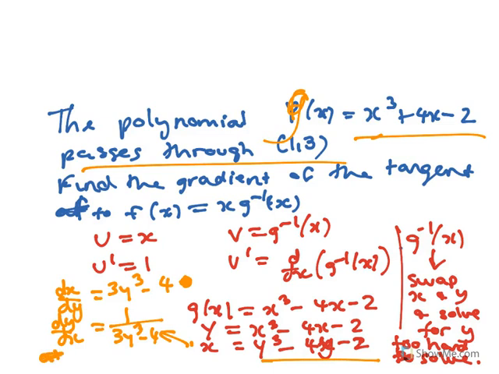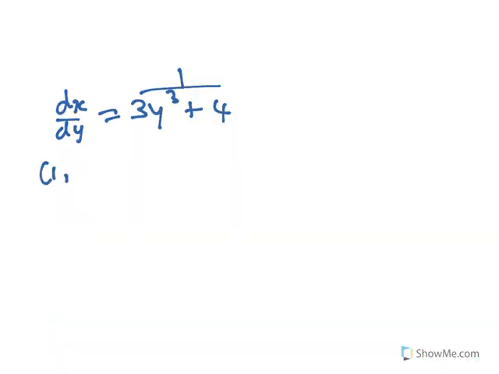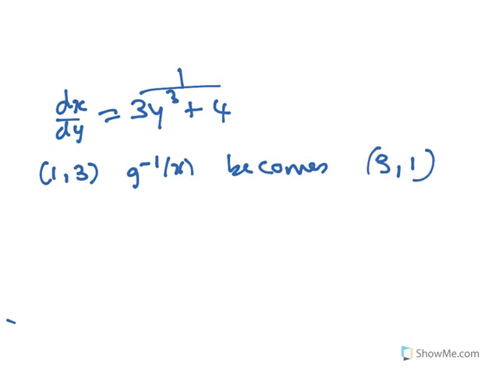Okay, so we're now looking at that, and we're doing that at the point. Now the point is 1, 3, right? So we're going to find the gradient of the tangent at that point. So the point 1, 3 on g of x becomes 3, 1 on g to the minus 1 of x, because you have to swap the x and the y.